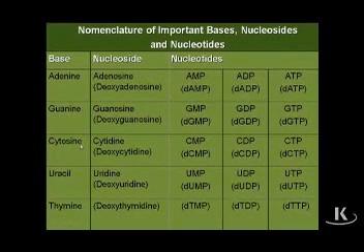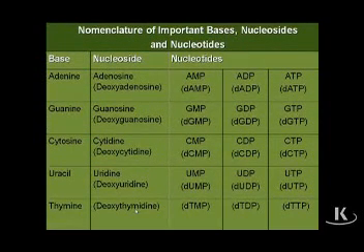Now, for the pyrimidines, you see that the cytosine, uracil, and thymine ending is replaced with an idine, I-D-I-N-E. So cytosine becomes cytidine. Uracil becomes uridine. Thymine, well, it would become thymidine, but you don't actually ever find that in the cell. Instead, remember, T's are found in DNA, so you'd only ever find it in the form of deoxythymidine.